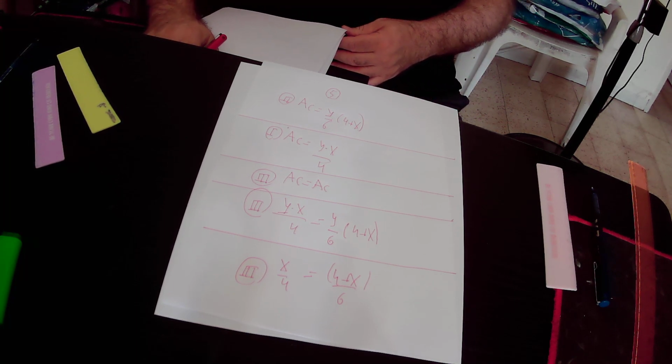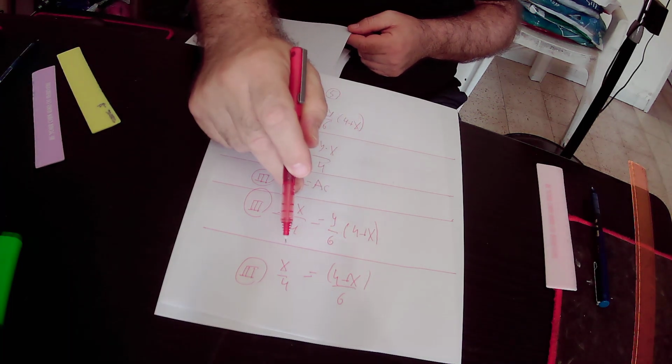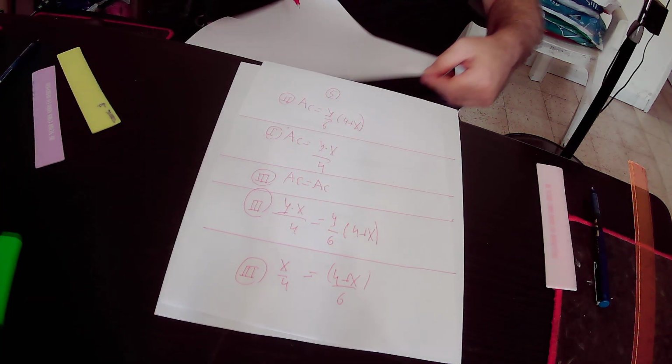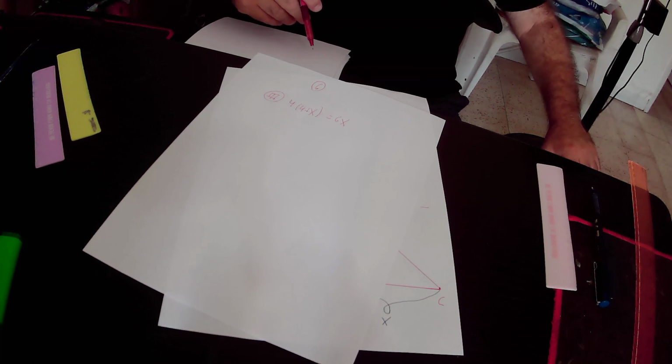We multiply this equality by 4 and then by 6, and we got that 4 times 4 plus X equals 6X.